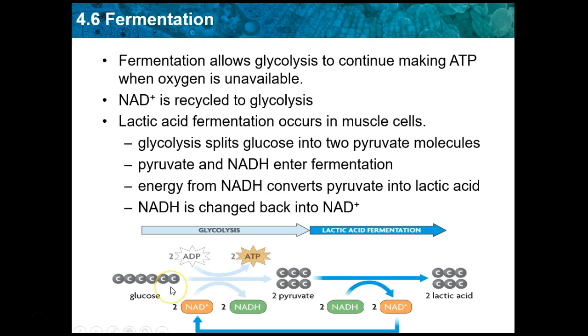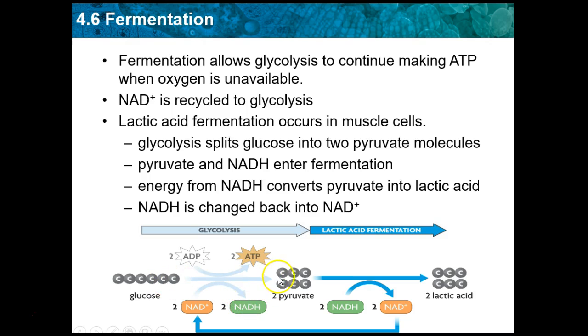We have a 6-carbon glucose. We have NAD, and this is adenosine diphosphate being made into adenosine triphosphate because this is the glycolysis portion. So we are going to wind up with a small amount of ATP in this particular portion. We also wind up with NAD plus being made into NADH. We get 2 molecules of ATP, 2 molecules of NADH.